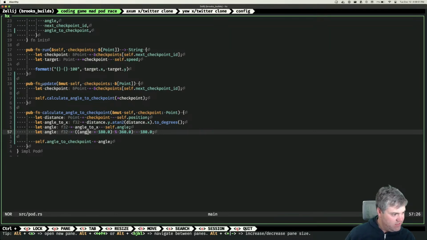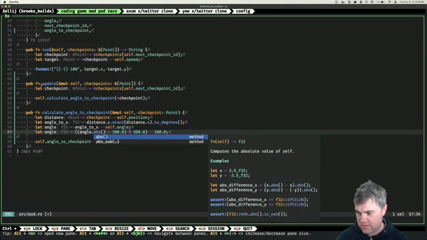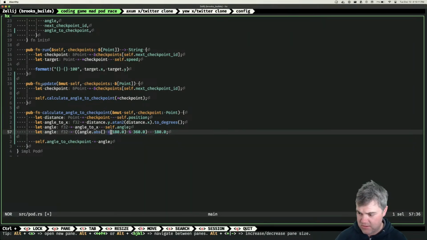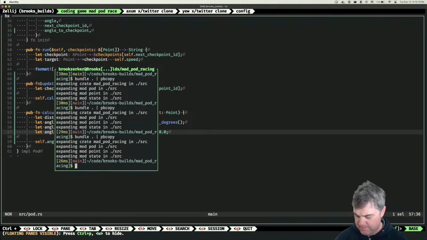Oh, it turns out in Rust, oh, I need to get, okay, so you're saying I probably need just the absolute value of this angle before I do this. Something like that. We can try that.